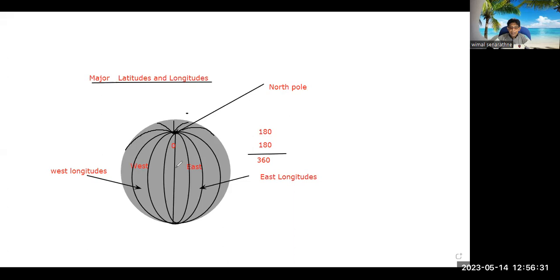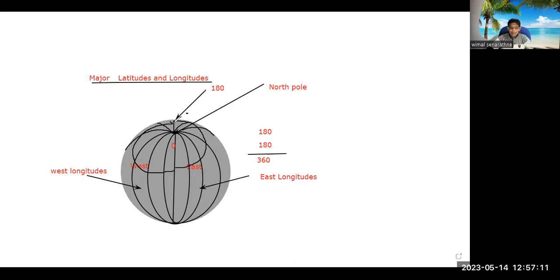On one side there are 180 longitudes, 1, 2, 3, 4, like that. On the other side, longitude 1, 2, 3, 10, 50, 100, like that, up to 180.